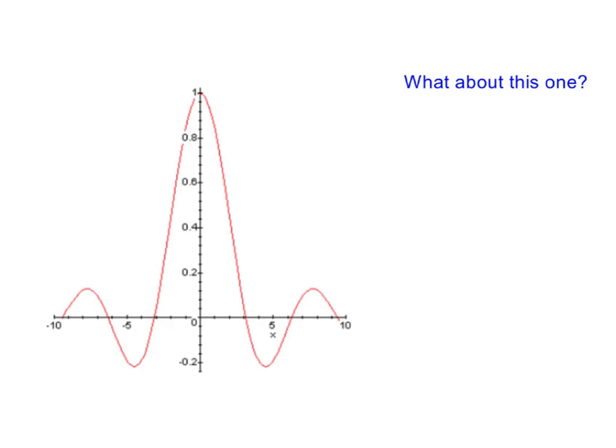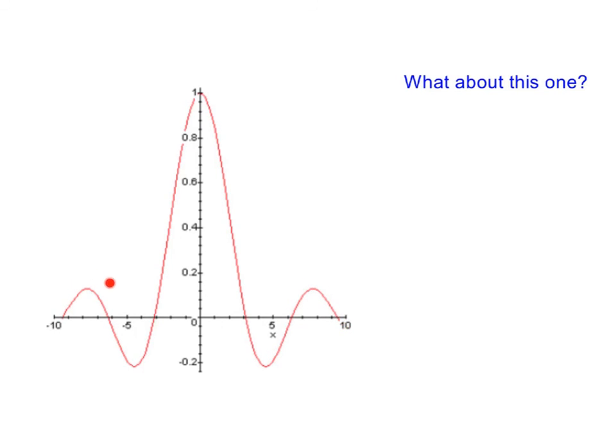Draw it on your paper and see if you can come up with something that looks like a derivative graph for this. I want you to analyze increasing to a max, decreasing to a min, increasing to a max, decreasing to a min, increasing to a max, and decreasing.